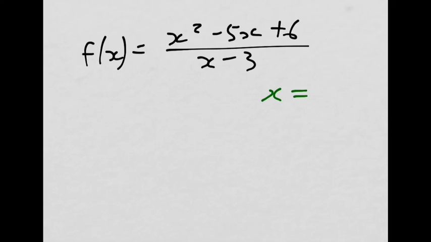The question is, is this an asymptote, or is it a point of discontinuity? Is it a hole, or is it an asymptote? And the way to know that is to factor what you can. So we're going to factor this up top and see if anything cancels with x minus 3. If it does, it's a hole. If it doesn't, it's an asymptote. Okay, so let's just check that out.